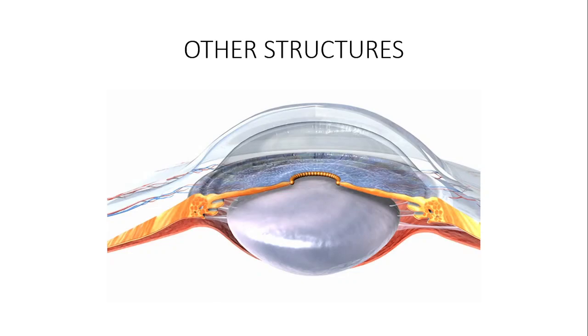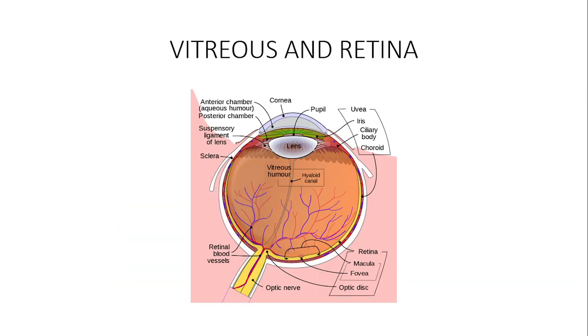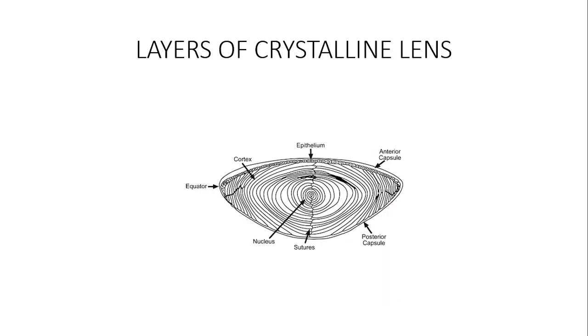Then let's talk about posterior lens capsule curvature. There's minimal change over there. Okay, so this is anterior lens capsule. During accommodation, it becomes more steep anteriorly, but the posterior portion, there's minimal change over there. And let's talk about dioptric power within the crystalline lens.